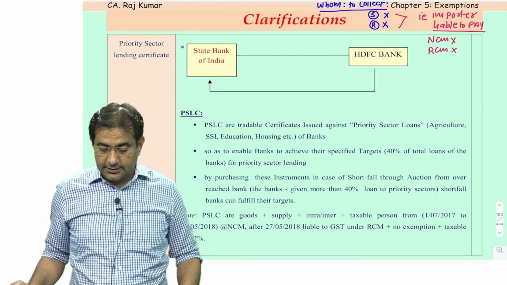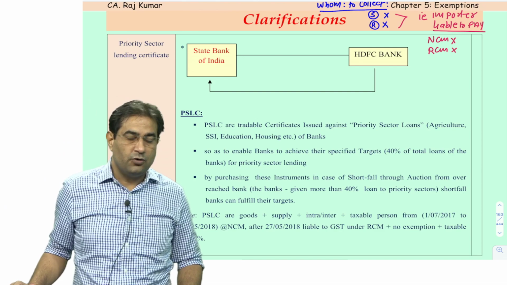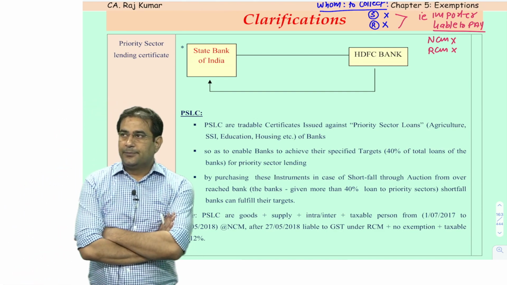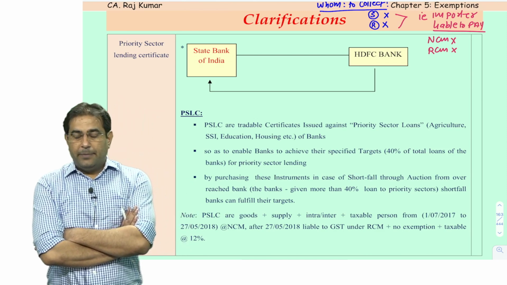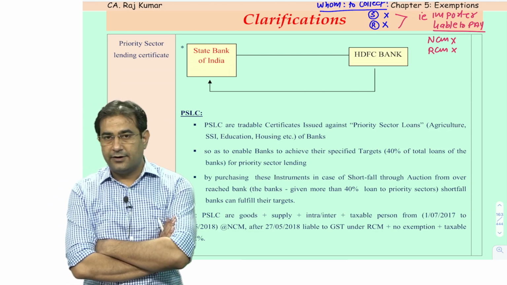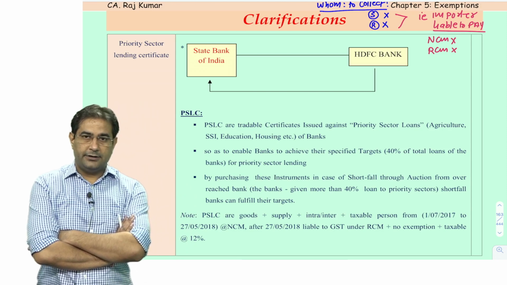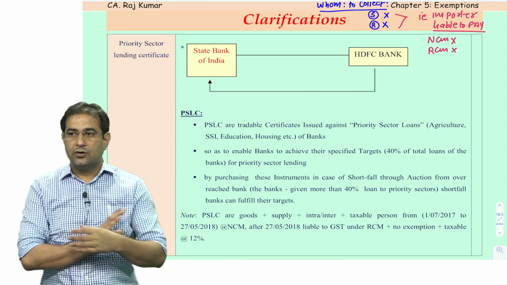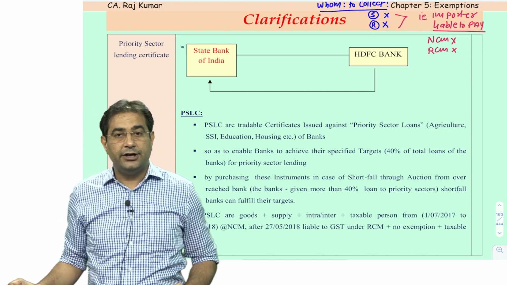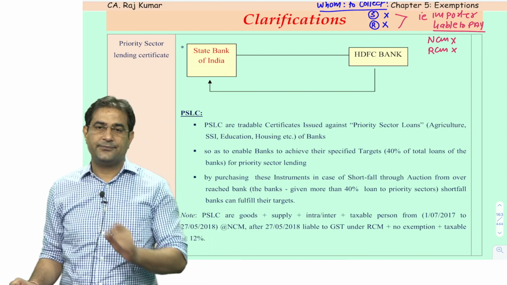Priority sector lending certificate. Now let's see the concept of the priority sector lending certificate. Basically, the banks which come under the control of the Reserve Bank of India have an obligation to lend at least 40% of their total lending to priority sectors.